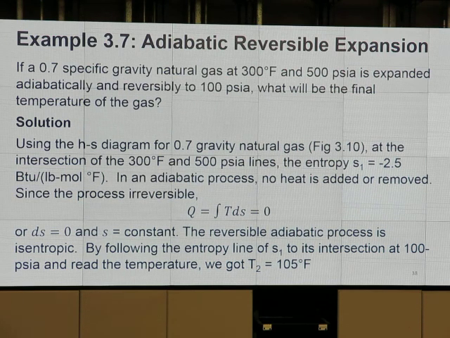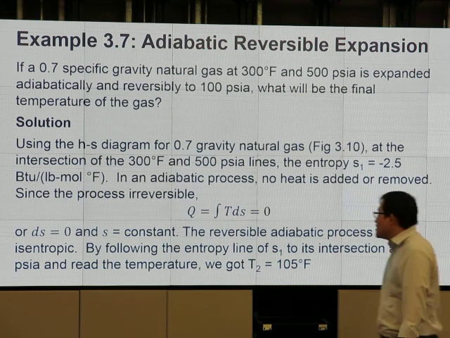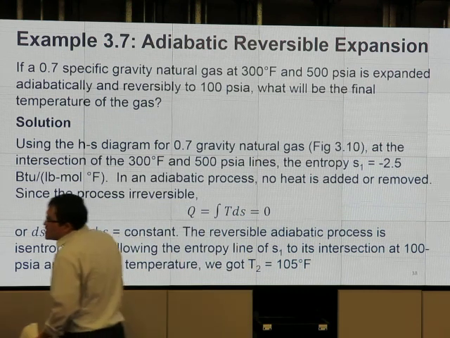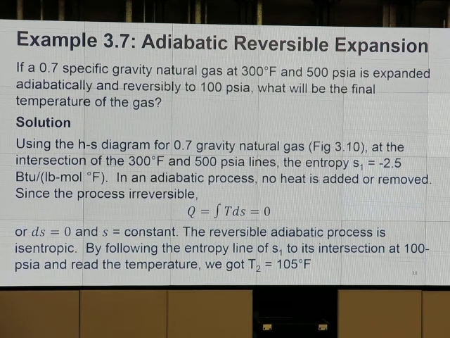Since the process is reversible, Q is equal to the integral of TdS equals 0, or dS is equal to 0 and S is constant. The reversible adiabatic process is isentropic. By following the entropy line of S1 to its intersection at 100 psia and reading the temperature, we get T2 equal to 105.